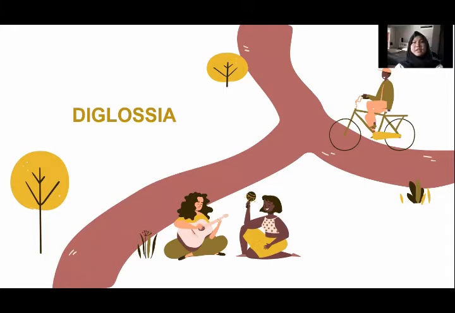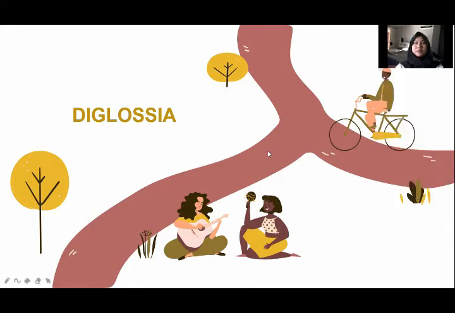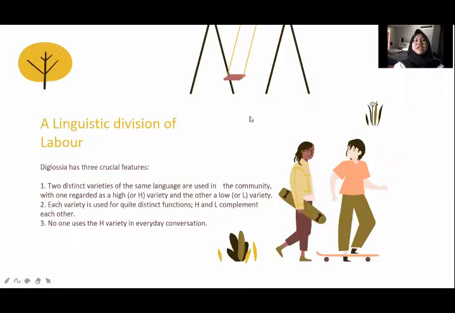And the second material is diglossia. Diglossia in the narrow linguistic division of labor. In the narrow and original sense of the term, diglossia has 3 crucial features.